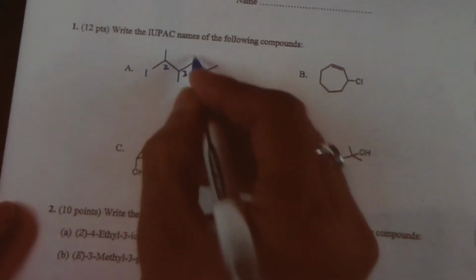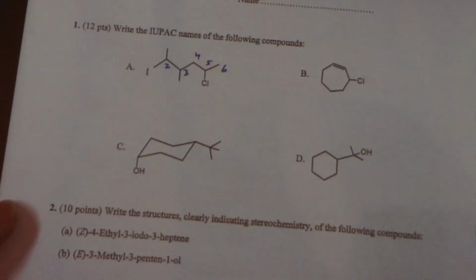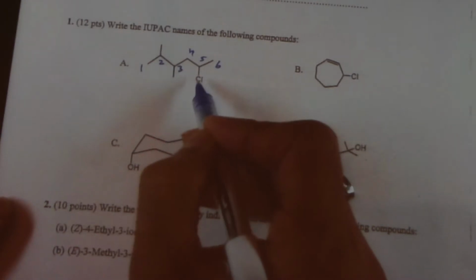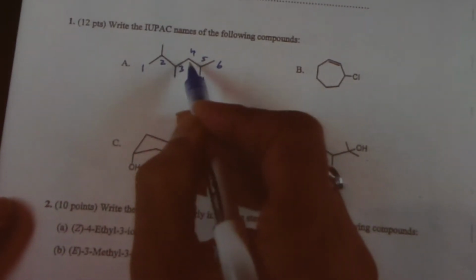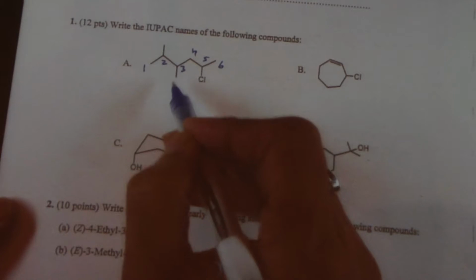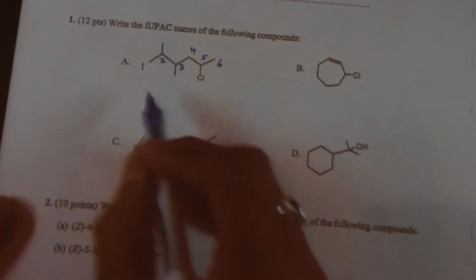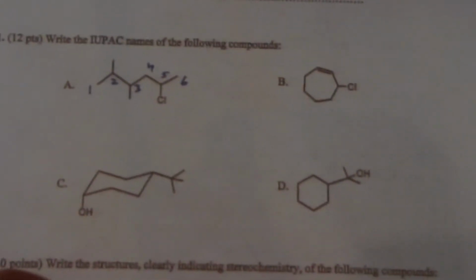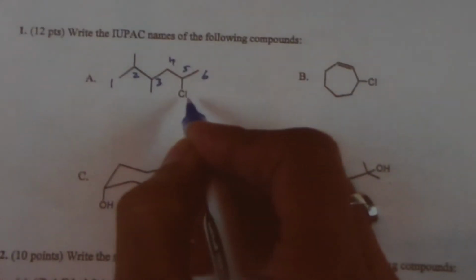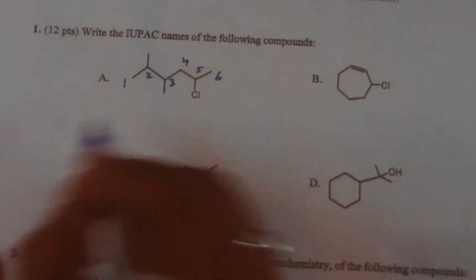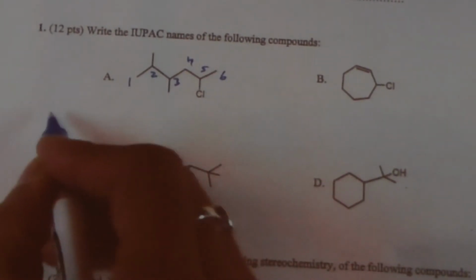So ideally, I number it 1, 2, 3, 4, 5, 6, because from the other direction, you will get a chlorine at the 2 position, but then the 3rd position has nothing to do with the 4th position here. So 2 and 4 compared to 2 and 3 is better. Understand that rationale, right? Okay. So this one therefore is 5-chloro and 2,3-dimethyl.